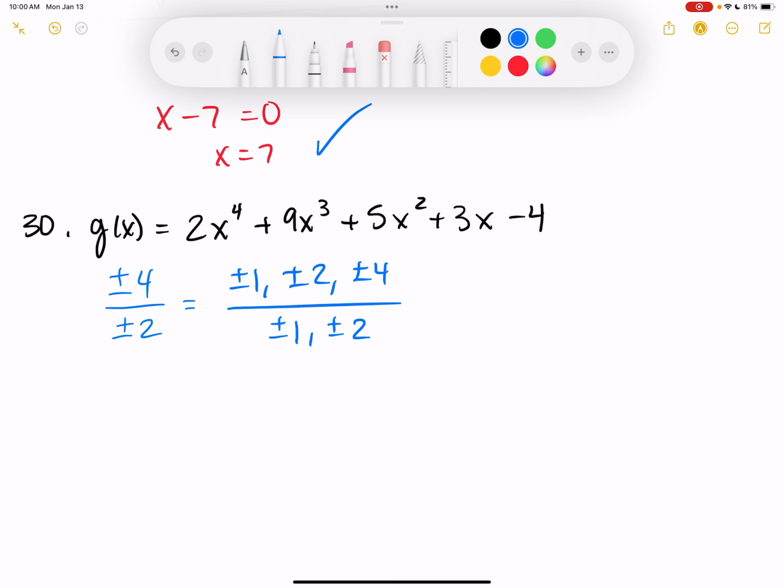So I need to write them all out now. Everything over 1 would just be 1, 2, and 4. And then everything over 2, 1/2 is the only new one, since 2 over 2 is 1, and 4 over 2 is 2. So I don't need to rewrite those. So way less options this time.